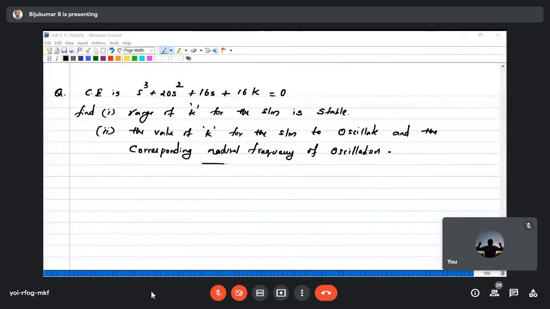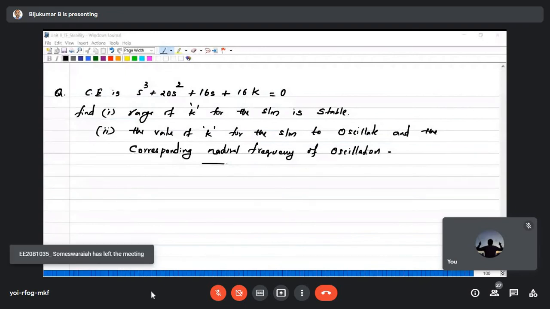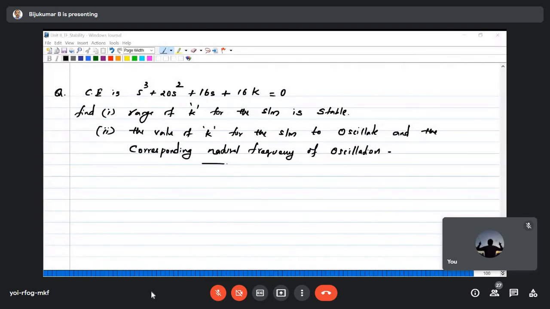So what is the value of K? K value is 20, sir. At the third row, 16 minus 0.8K is equal to 0. So how are you telling that at K equal to 20, the system response will oscillate? I didn't get your question, sir. Sir, according to our discussion, the question is we have to find the natural frequency of oscillation, right? Yes, sir.